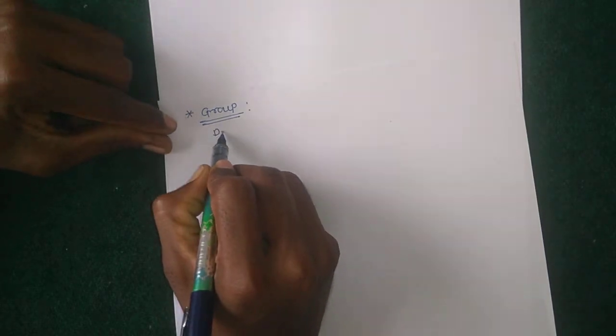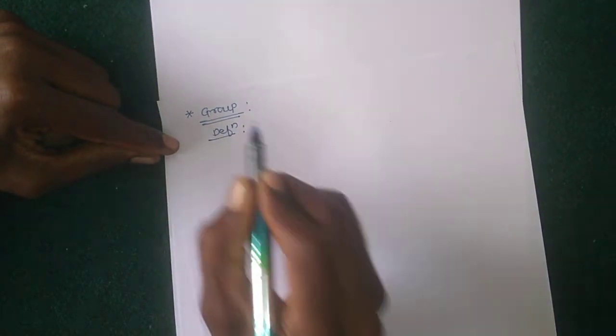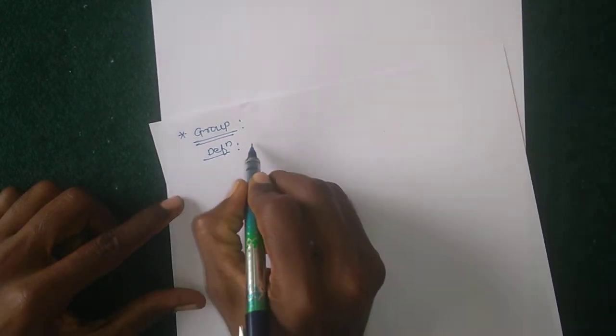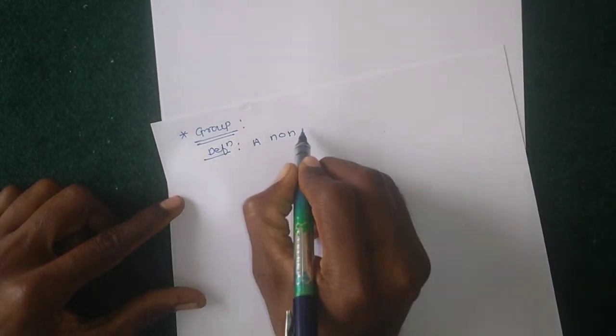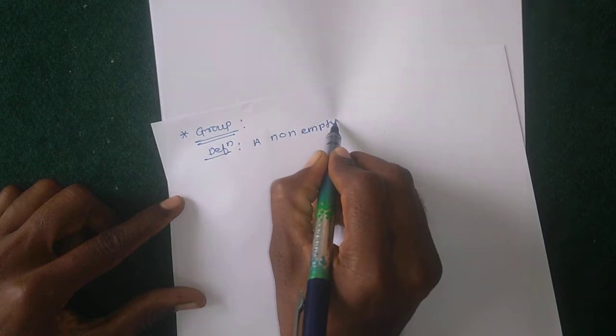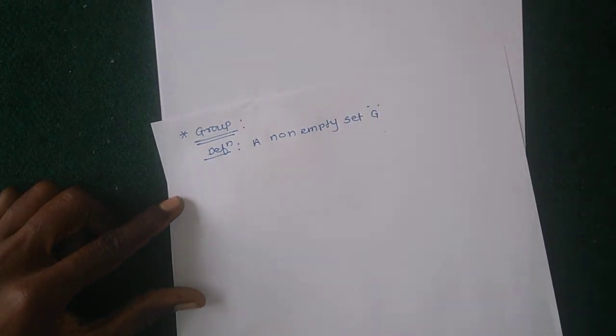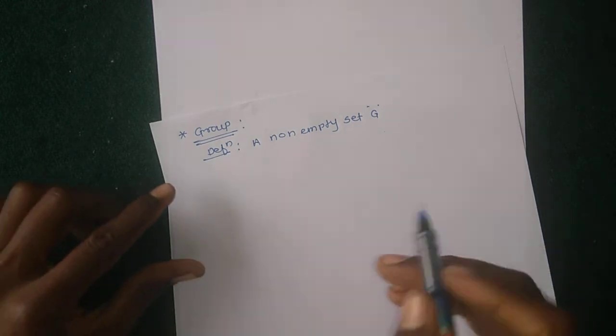Definition of group. Definition: a non-empty set G. A non-empty set G means in the given set there is at least one element. There may be infinitely many elements, but at least one element in that set.